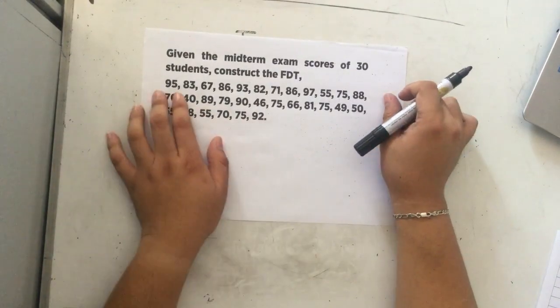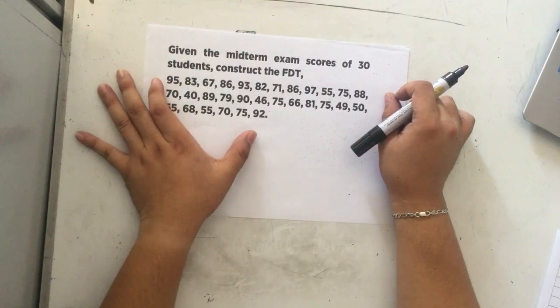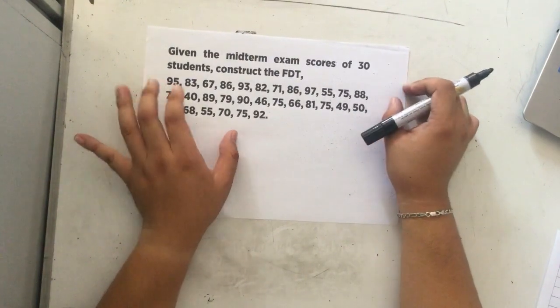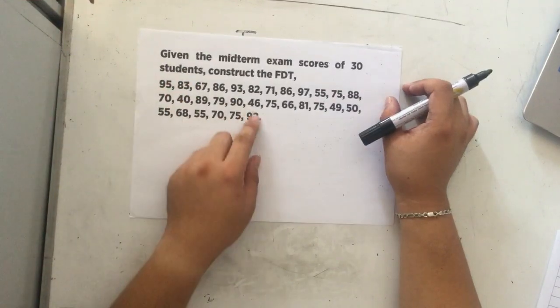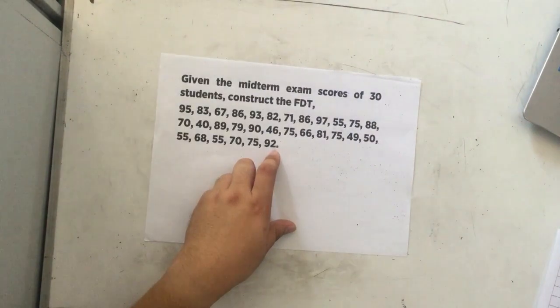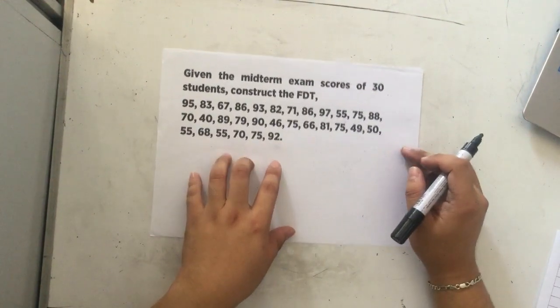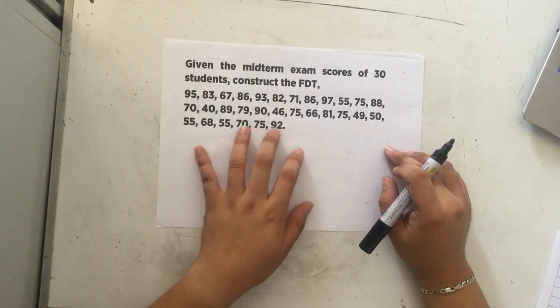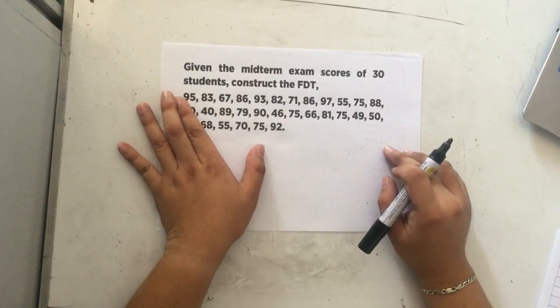Okay? So, we have our data. Ito yung mga data natin. So, merong 30 na estudyante, so expected na 30 yung number din ng ating data. Okay? So, let's construct the frequency distribution table. So, paano siya? First, mas mapapadali tayo. Ang una nating ginagawa is, we'll be arranging our data.